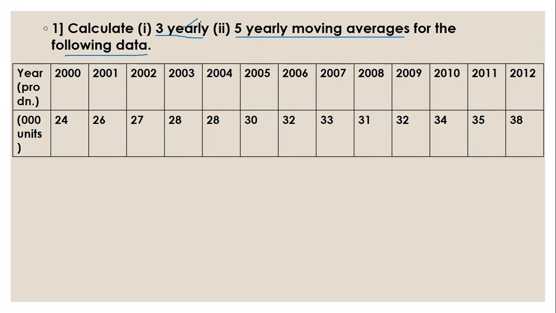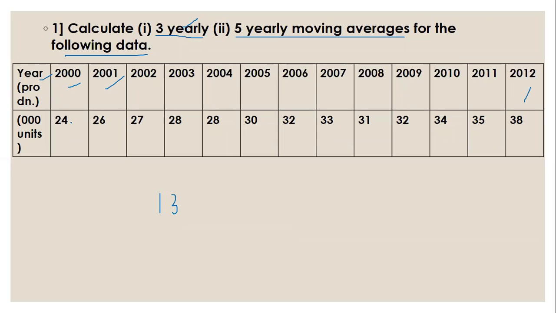They have given us the data for the years 2000, 2001, 2002 until 2012. So they have given us 13 years of data, and then they have given us the production data.